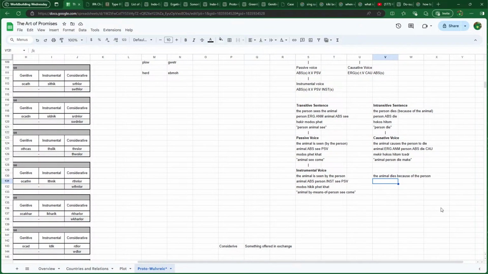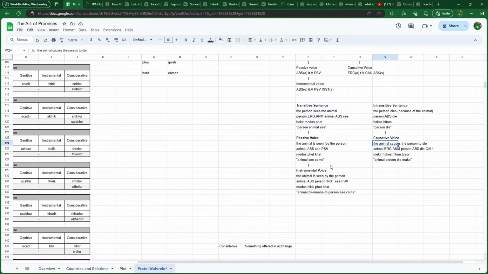So animal, ergative, animate. Well, this is... Okay, so basically, how we get here, is the causative voice is a type of transitive sentence.